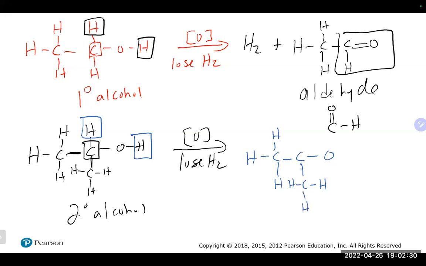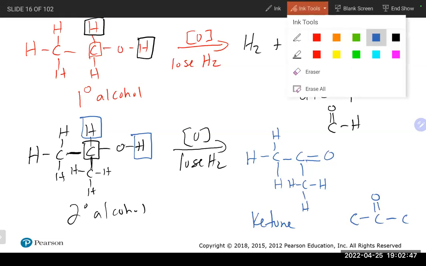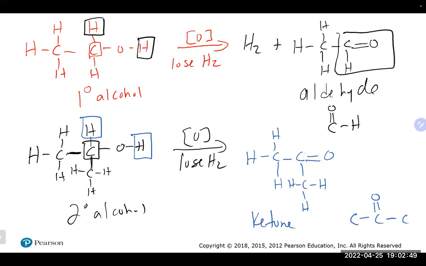And now what should I do between the carbon and the oxygen? Yes. And this makes what is known as a ketone. The group of a ketone is 3 carbons in a row with a double bonded oxygen in the middle. And that is this right here. That is 1 carbon, 2 carbons, 3 carbons with the double bond in the middle.